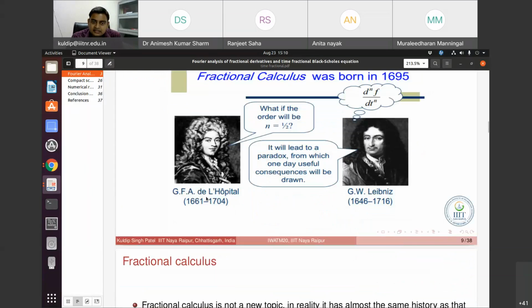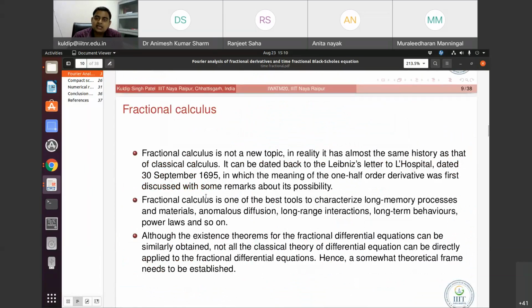Then fractional calculus, as ma'am explained, and because my point of view is only finance, I'll always be dealing with fractional applications in option pricing. As she said, fractional calculus is not a new topic, as we can see it started in 1695.